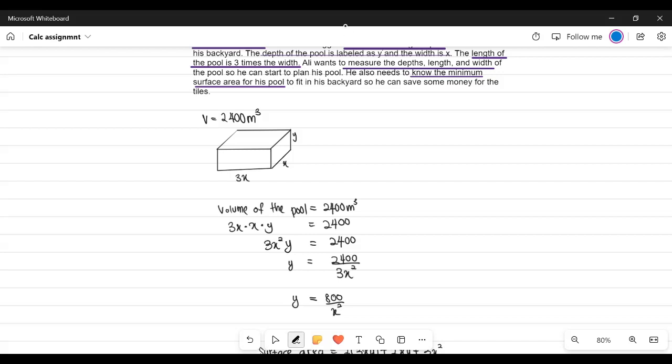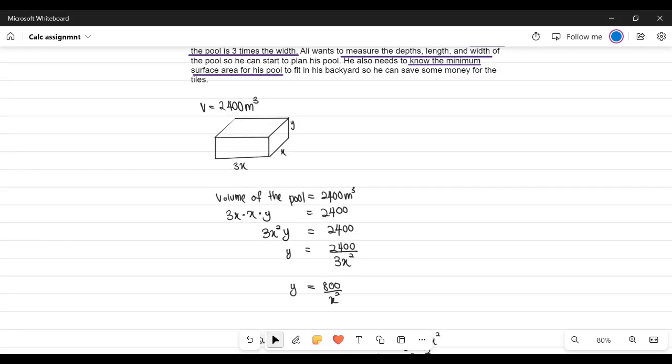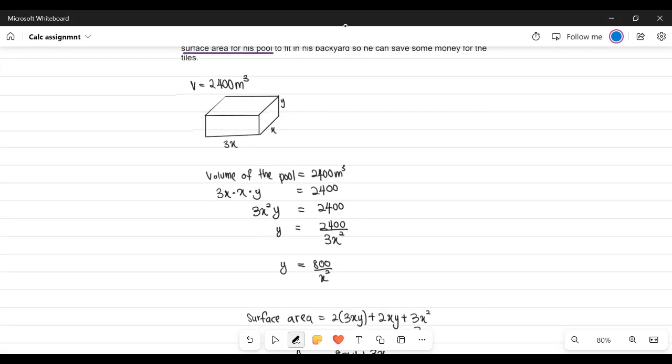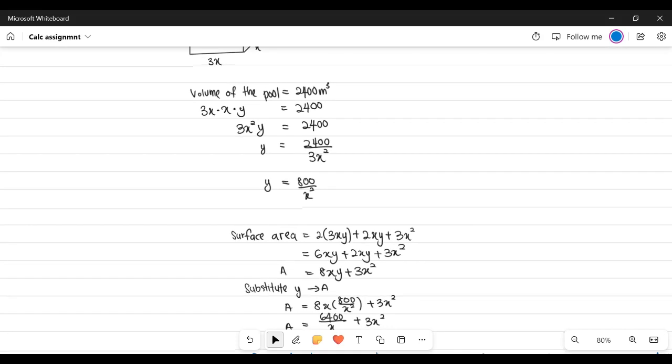So here we will substitute 3x, x, and y, which equals 2,400 cubic meters. Now we have the volume formula, and we can get y from it.